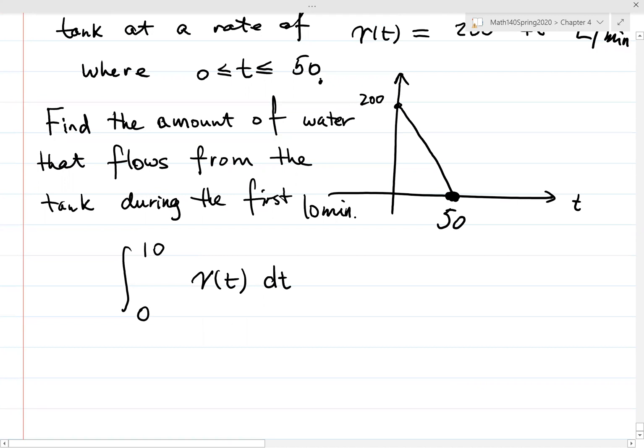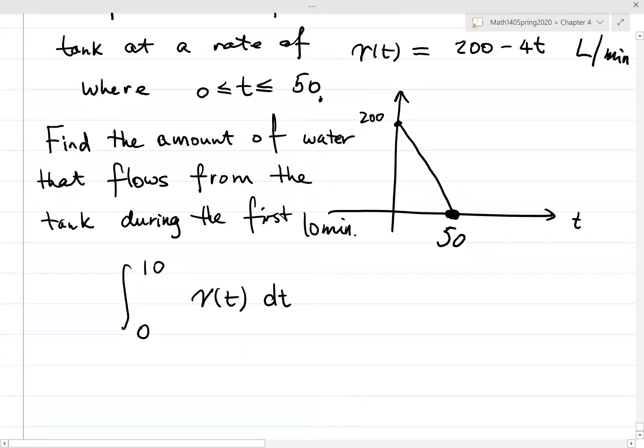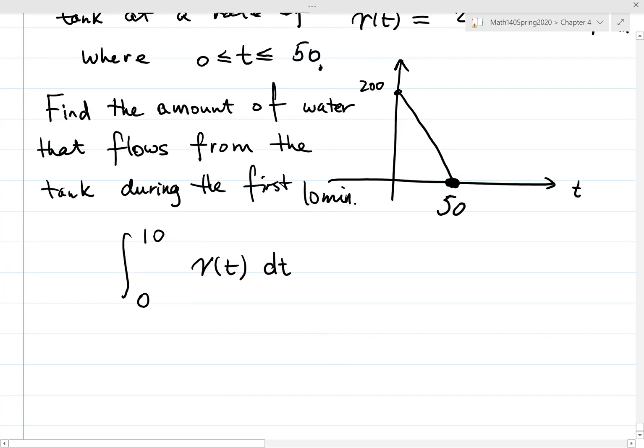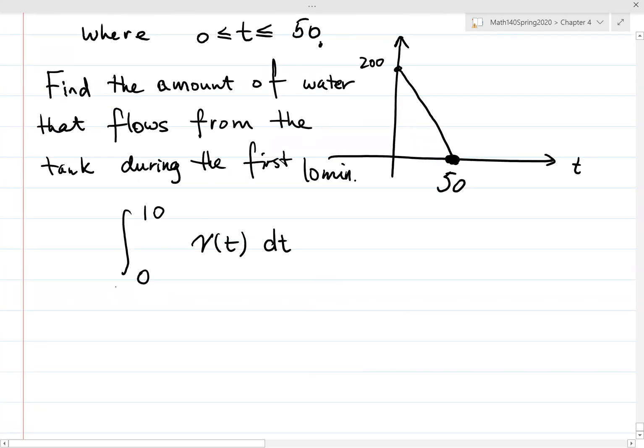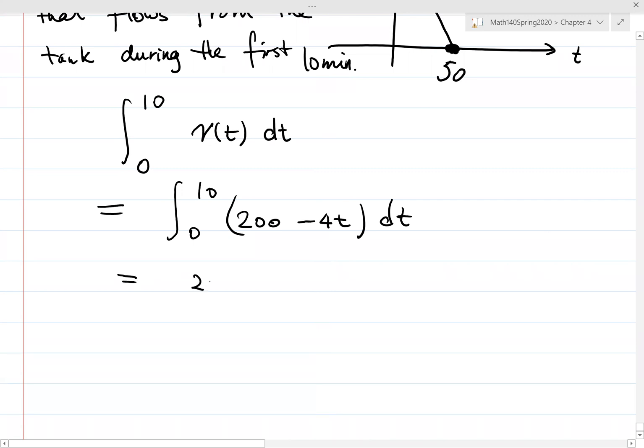Now it ends at 50, and the 50 is in minutes, so we don't need to worry about the upper limit here. It's 0 to 10 of r(t), which is 200 minus 4t, dt. Its antiderivative is 200t minus 2t squared from 0 to 10.